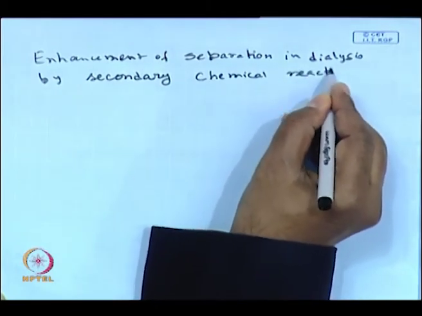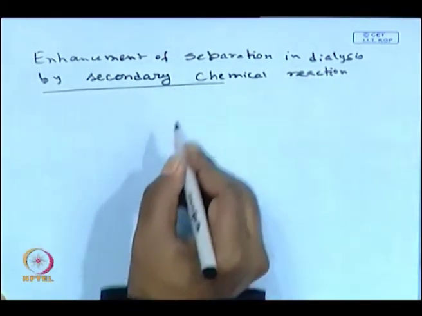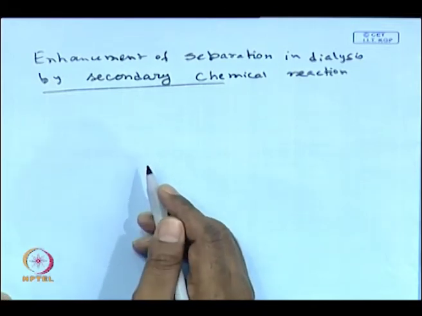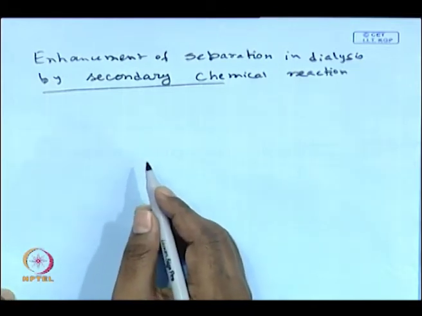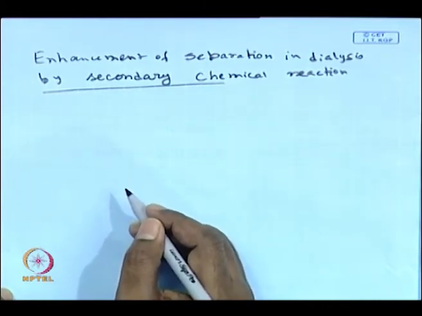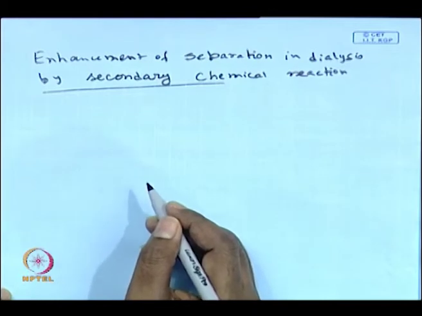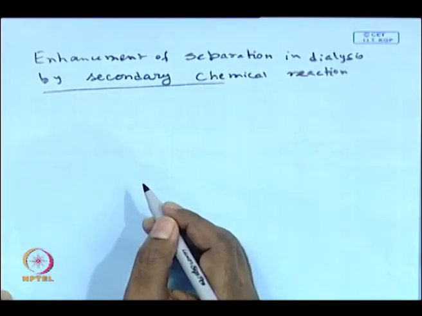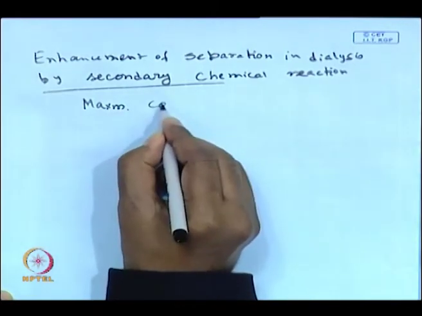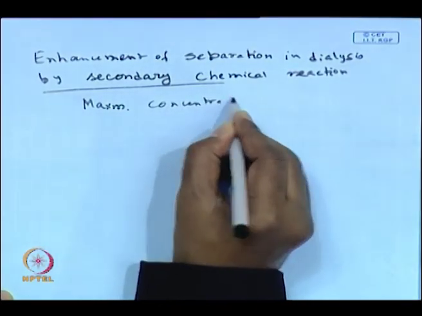We will allow a secondary chemical reaction to occur in the dialyzed side with the solute that is coming from the feed chamber, so that the concentration remains 0. In the dialyzed chamber, we have to select a reagent such that the diffused components react and the product ions cannot diffuse back. Therefore, the maximum concentration gradient is maintained.